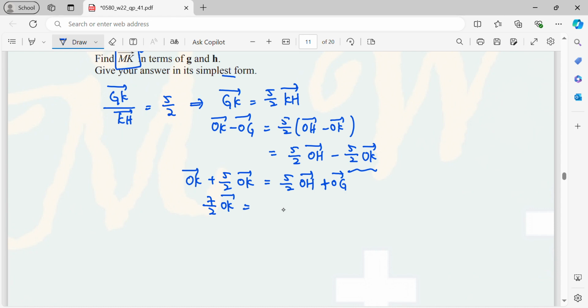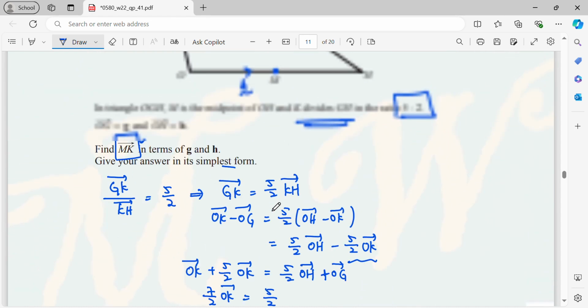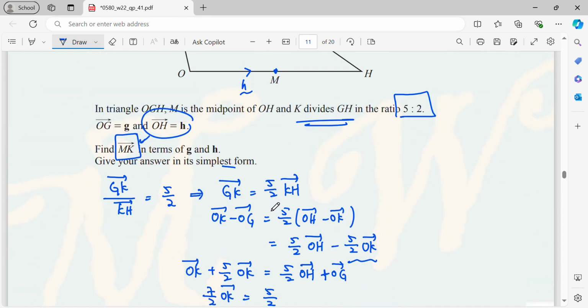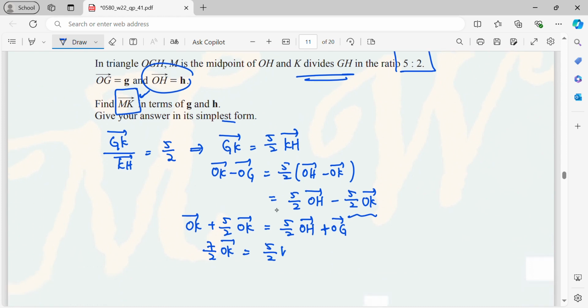Then the right side, 5 over 2 OH is given. OH is H. And then OG is given as G. Then now my OK equals, the 7 over 2 moved to the other side, becomes 2 over 7 of everything on the right side.